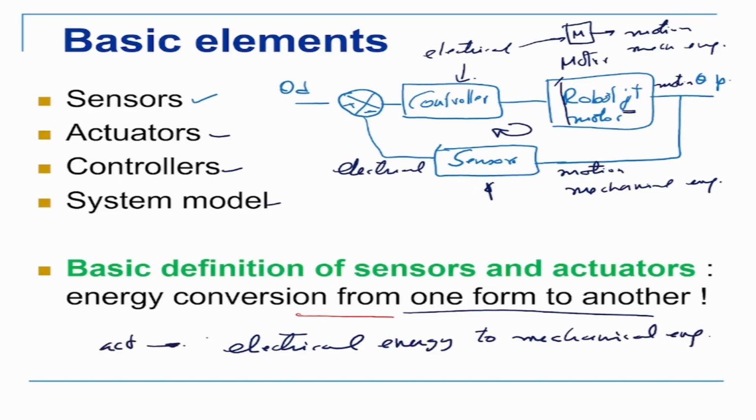And a sensor does the reverse, converting mechanical to electrical. This is a very general definition of actuators and sensors. There is also a term called a smart actuator, which can behave like a sensor and also like an actuator.